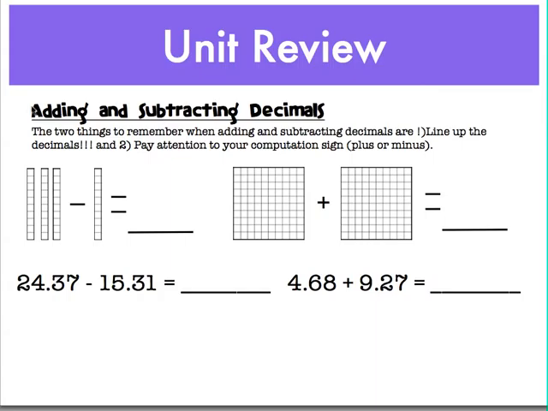So here we're going to have to convert these first to a decimal and then subtract. So these are 3 longs, and we know that that is decimal 0.3.